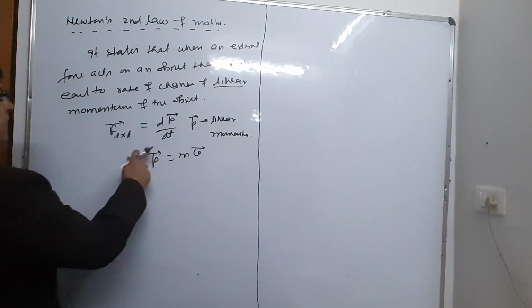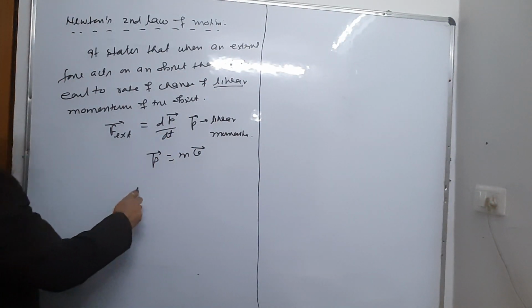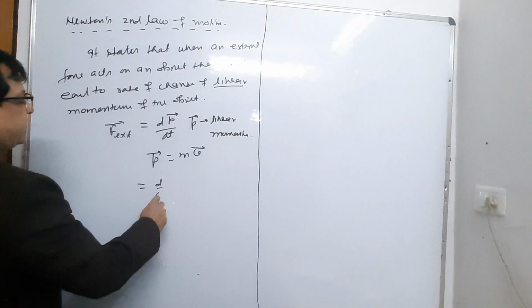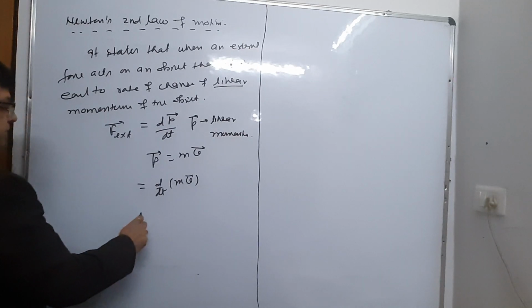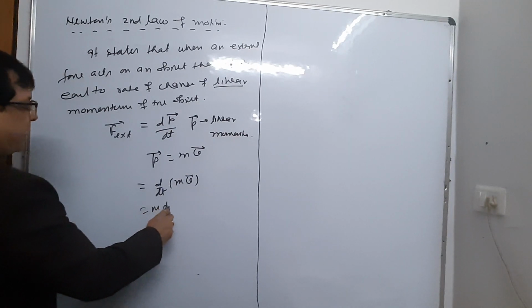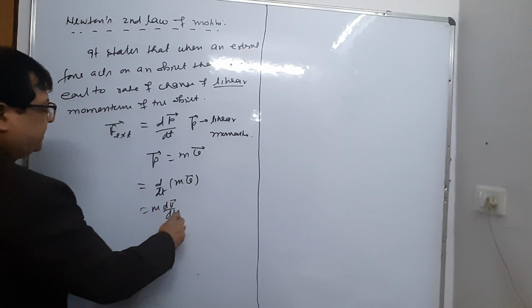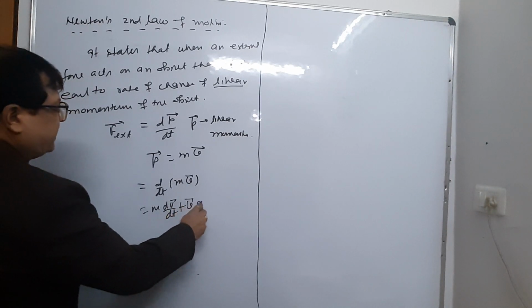This is the rate of change of momentum, so it can be written as d by dt of mass times velocity, which is m dv by dt plus v dm by dt.